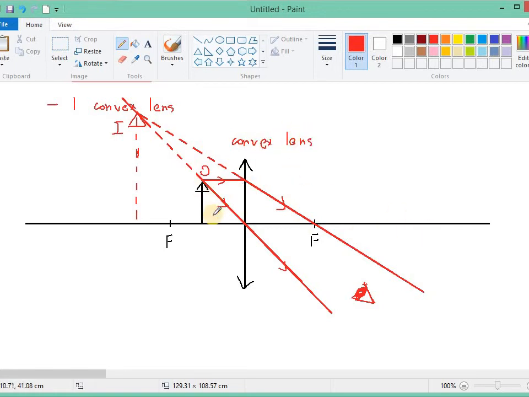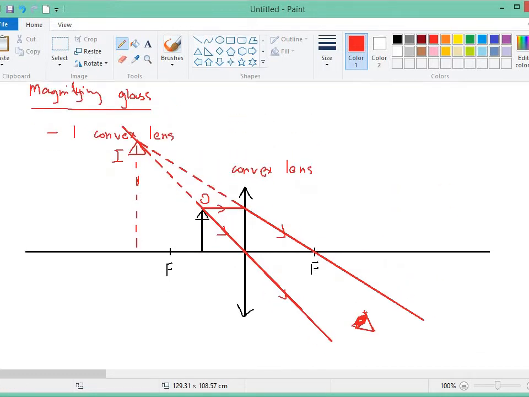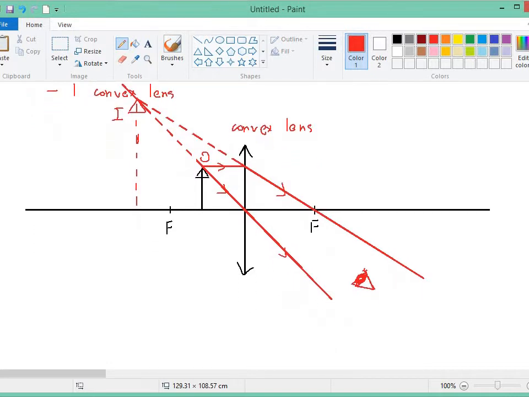as a magnifying glass. So the condition is we use a convex lens. It must be a convex lens, and then the object between F and the optical center.